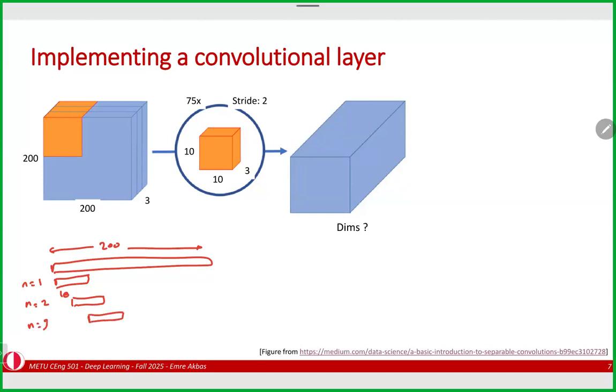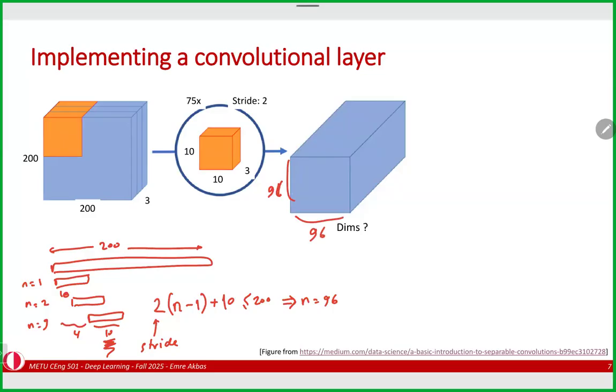When n is equal to 3, there will be 4 locations here, and this is still 10. So it looks like (n minus 1) times 2, which is the stride, plus 10, accounting for this 10. We will do this for up to 200. And then from here, we get 96. So this is 96. This is 96.